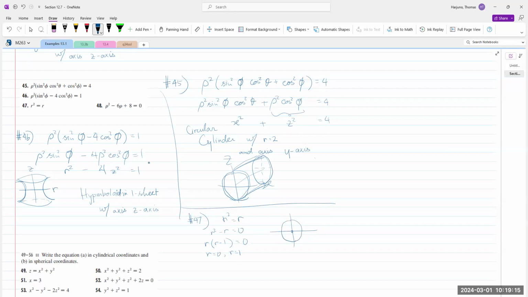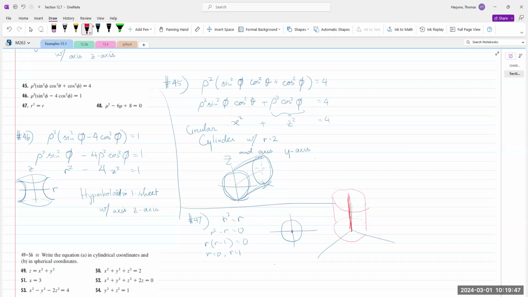Now, if we see this in 2 dimensions, but if we see this in 3 dimensions, then it will be the z-axis. That's what happens to the dot if you extend it in the z direction, and the circular cylinder centered at the z-axis with axis z-axis with radius 1.